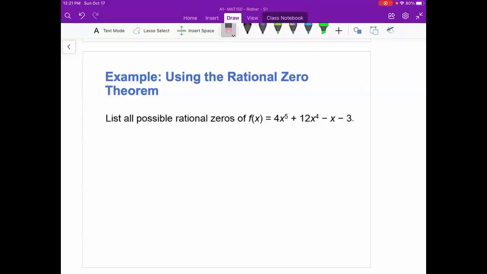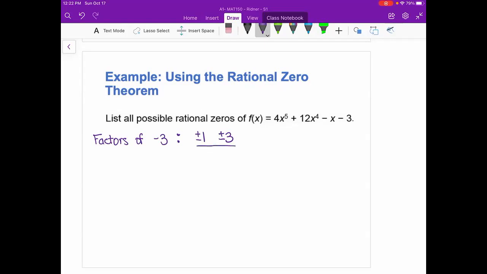And so if I look at this, my constant is -3. So the factors of -3 are 1 and 3. And of course, they could be positive or negative, because if I had two negatives, or a positive and a negative, one of each, that's how I would get a -3.